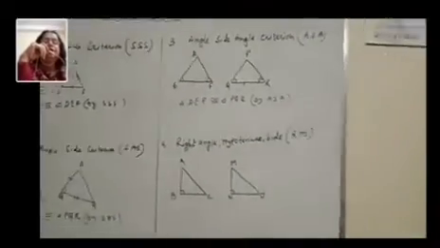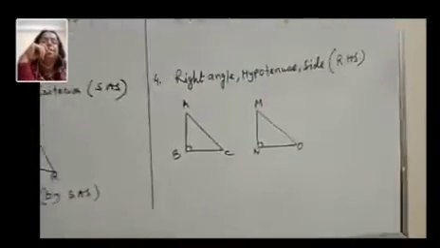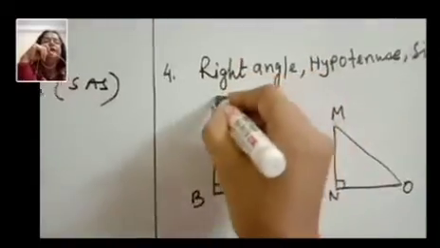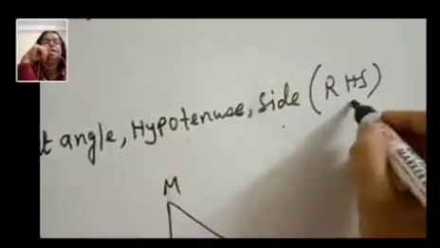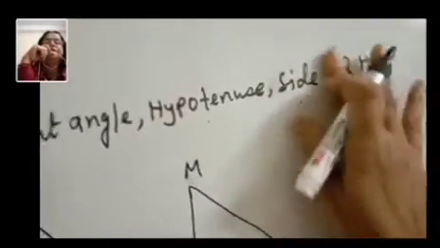Next criterion is RHS, right angle, hypotenuse and side. By the name, right angle, you can understand that it is a right triangle.